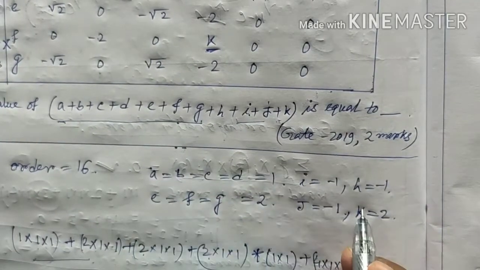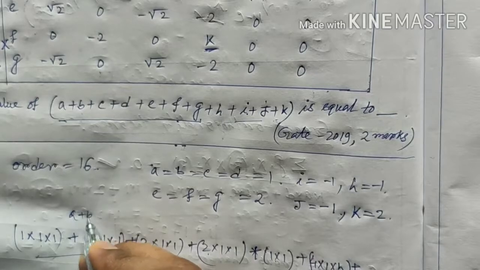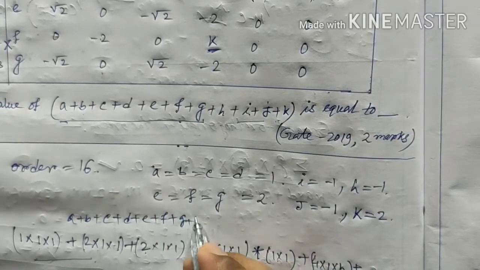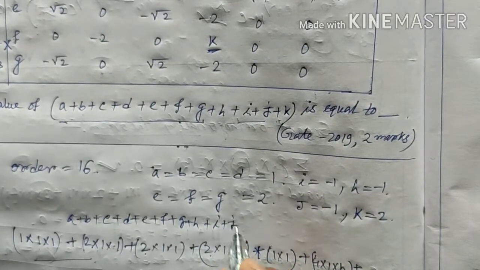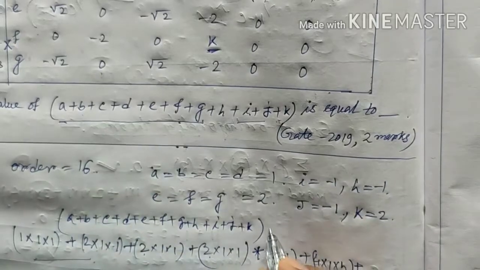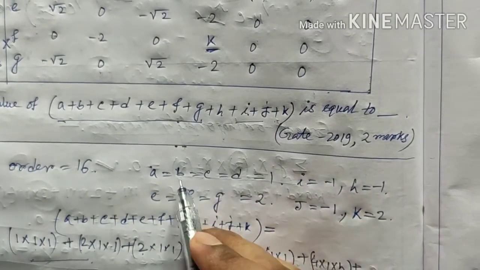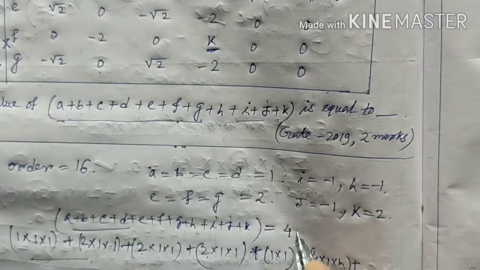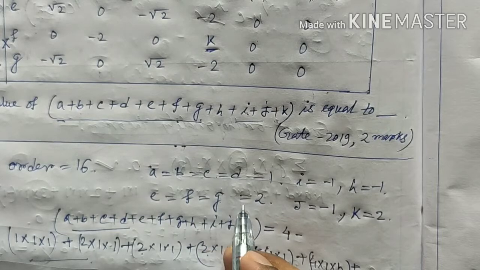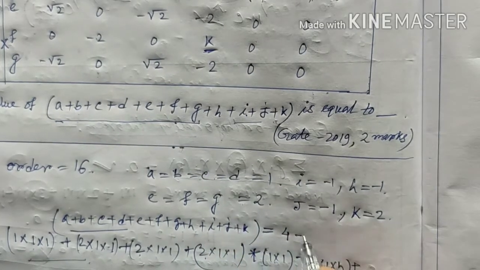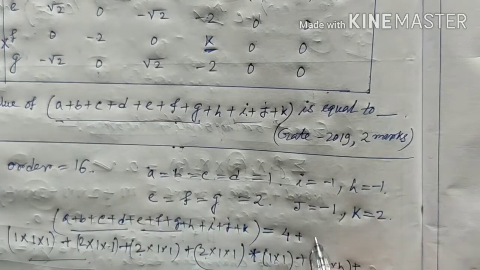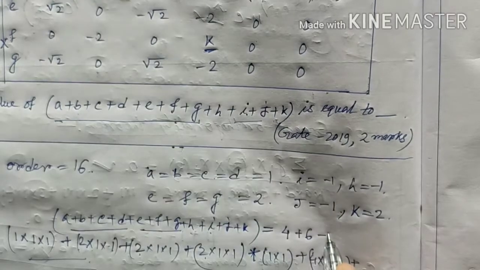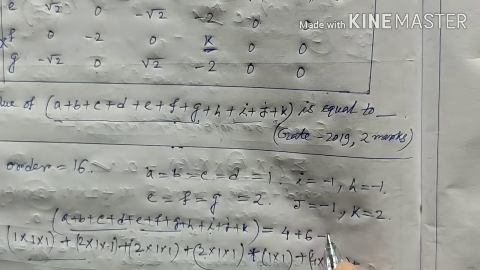Now if we sum up all the values, that is a plus b plus ... then there will be a, b, c, d is equal to 1, so for these 4 it will be 4, and e, f and g is equal, all is equal to 2, so for these 3 it is 6, and h and I is equal to -1 each. h and I is equal to -1, so it will be -2.